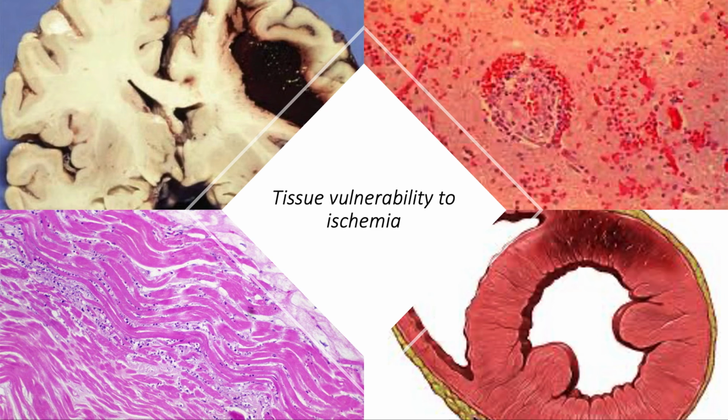Neurons undergo irreversible damage when deprived of the oxygen supply for only 3 to 4 minutes. Myocardial cells, although hardier than neurons, still die after only 20 to 30 minutes of ischemia.